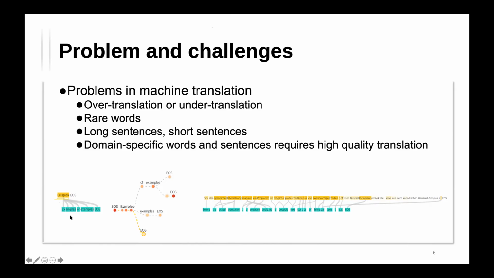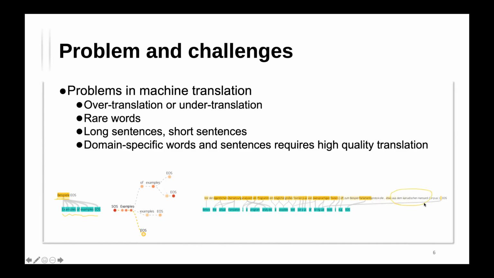However, in the translation, the model gives out examples of examples. So this is called over translation. It also has the problem of under translation. Like in the second example, this part is not translated at all.